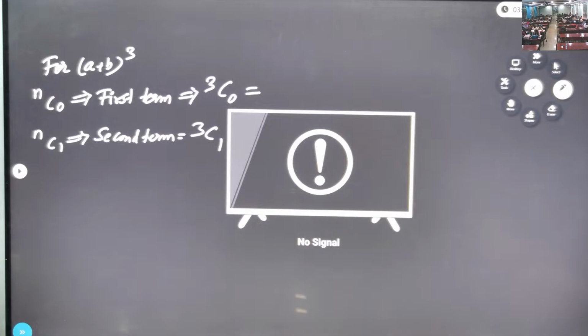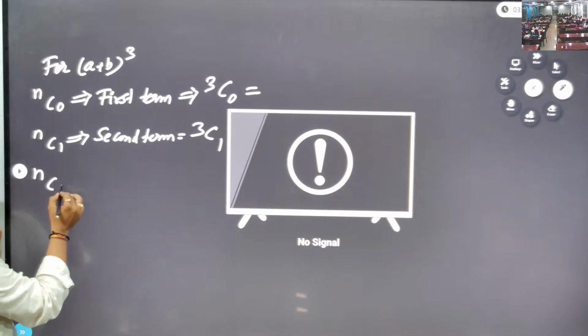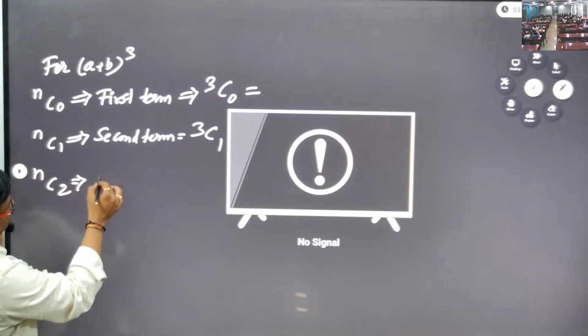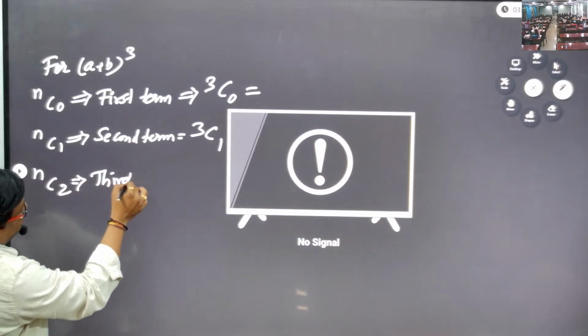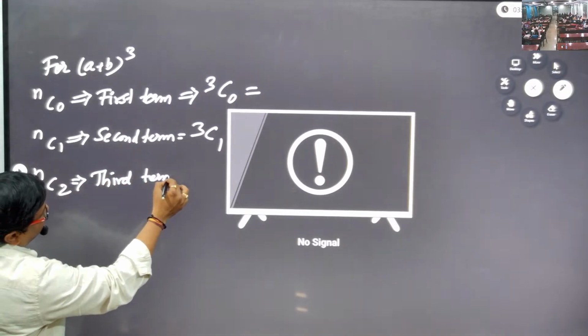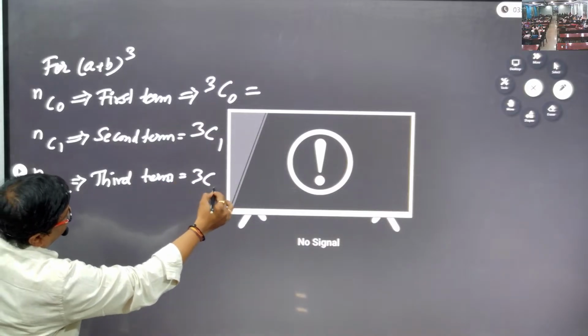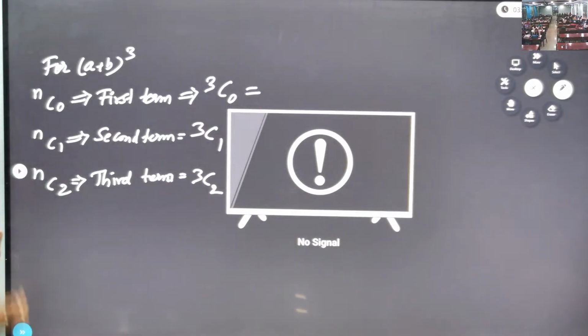Next, for nC2, which is the third term, which is equal to 3C2, calculate the value, which is again 3, that is 3 factorial by (3 minus 2) factorial into 2 factorial, which gives us 3 factorial by 2 factorial, that is 3.